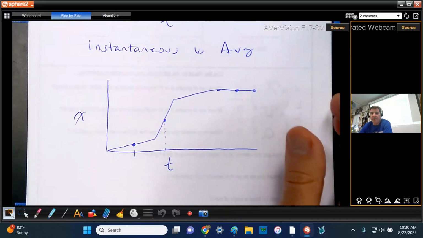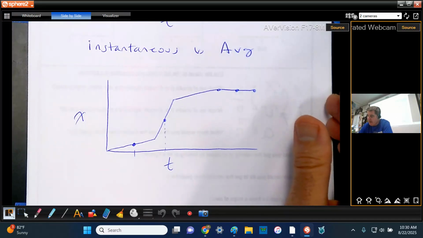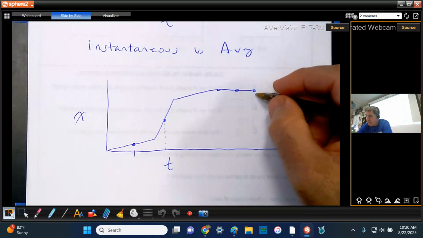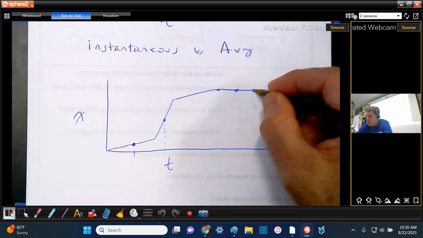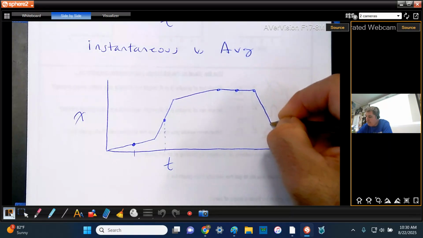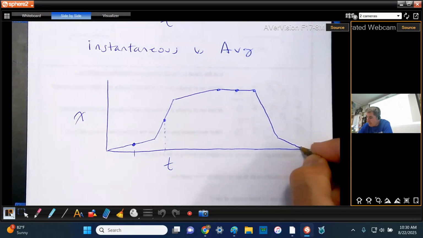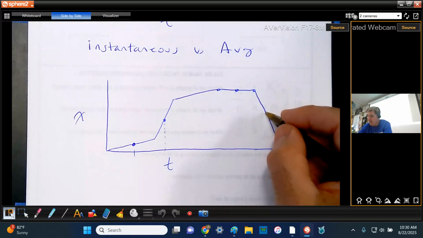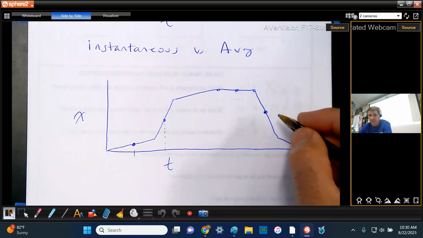Now, speed is a little bit different. Let me add to this. Let's say now I drive back home. So I'm going the freeway back home, and then I go the back streets and I'm back here, right? So once again, I drove a little bit faster, but I drove negative on the freeway here.